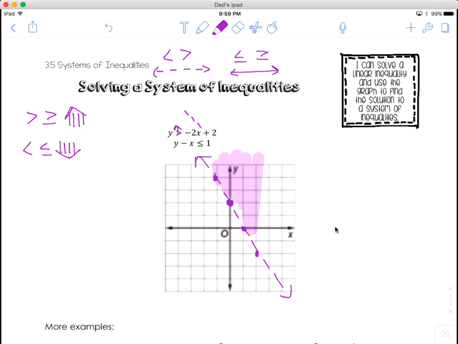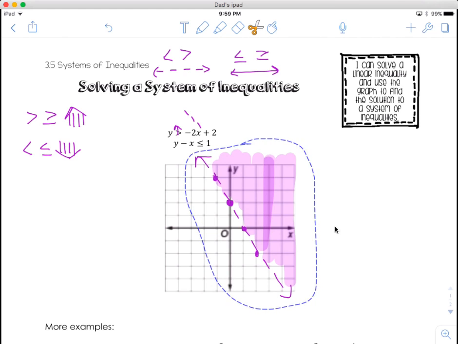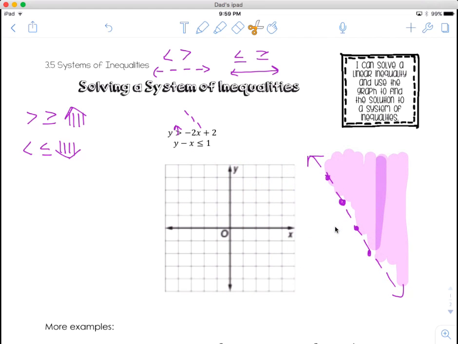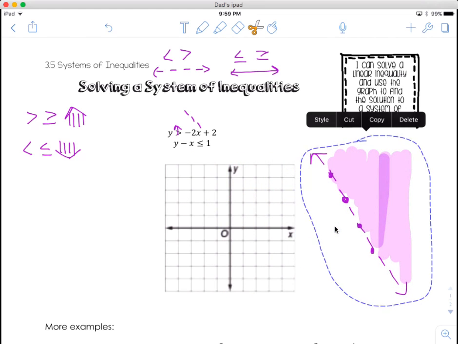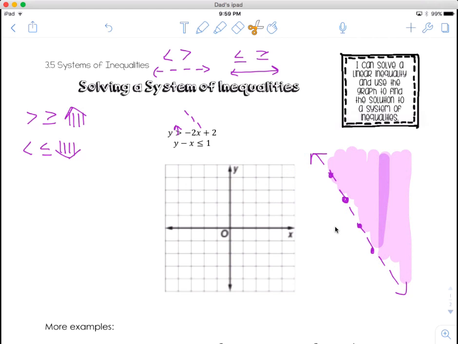So from this line, we shade up like that. Okay. I'm going to take this just for a second, and I know you can't do this. So if you want to pause, watch what I'm doing, and then come back to it, rewind it, and then do this on your own, you can.